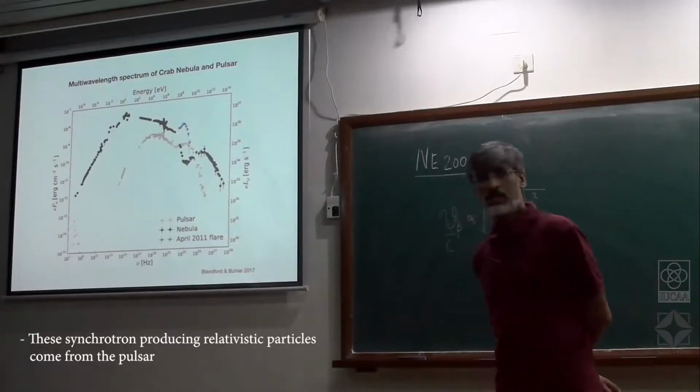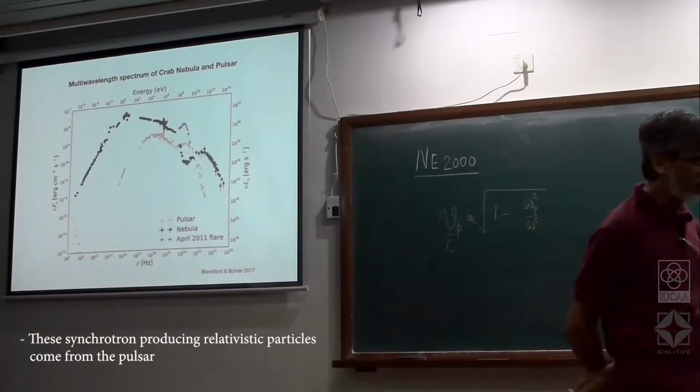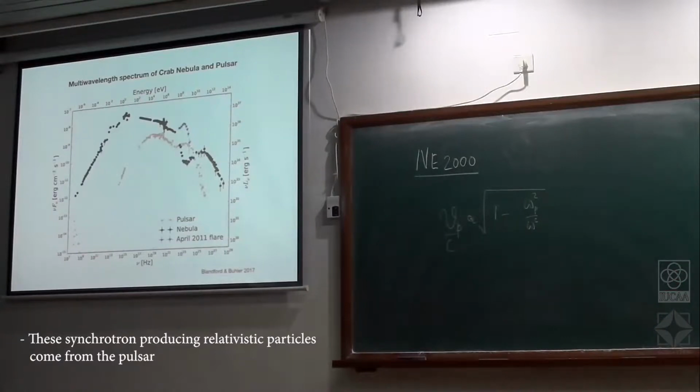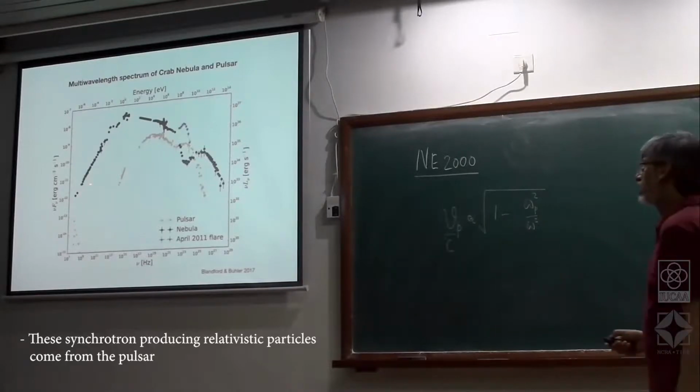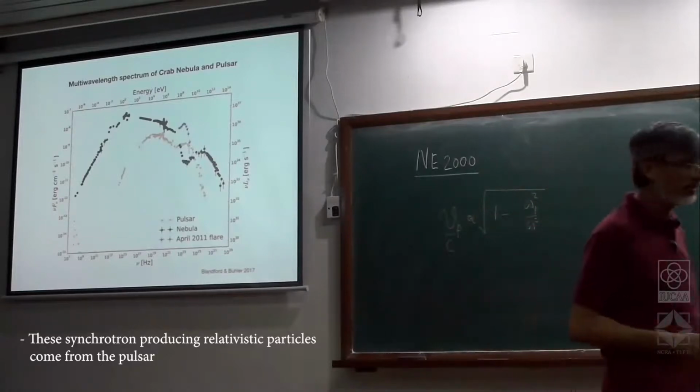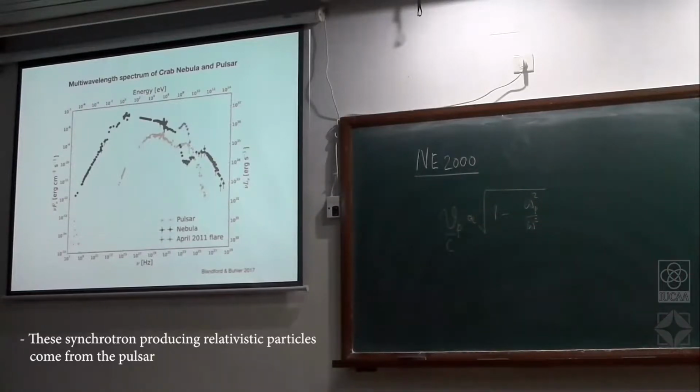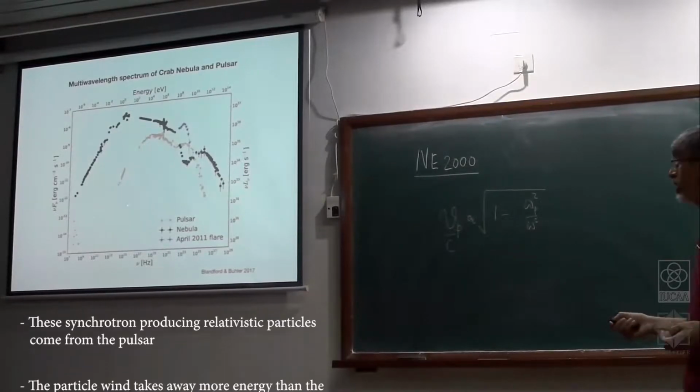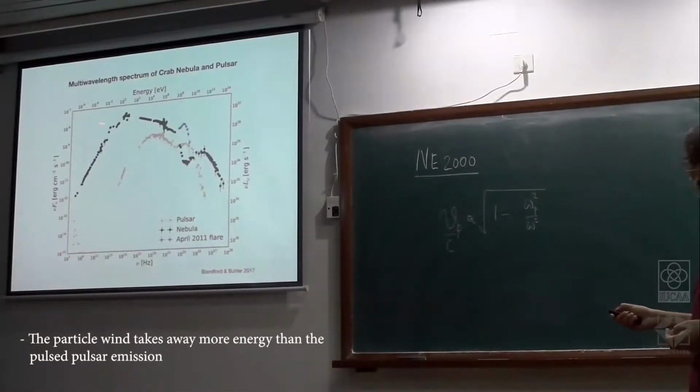So if this is coming at the expense of the energy being injected into the wind, the maximum efficiency can be 100%, and it is very unlikely to be 100%. So the amount of energy which is being carried away by the wind is more than what is coming out in radiation from the nebula.